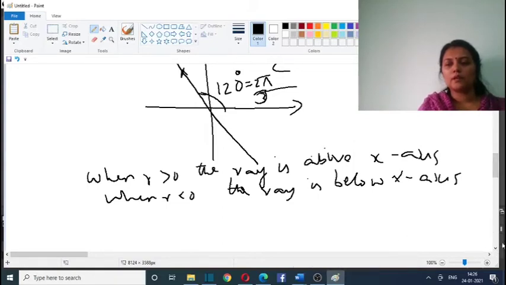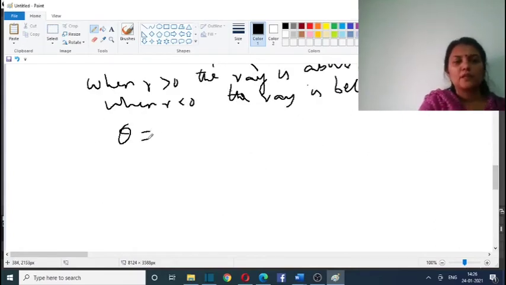And the corresponding theta is equal to 2 pi by 3.